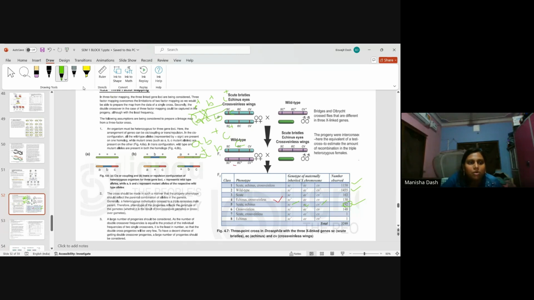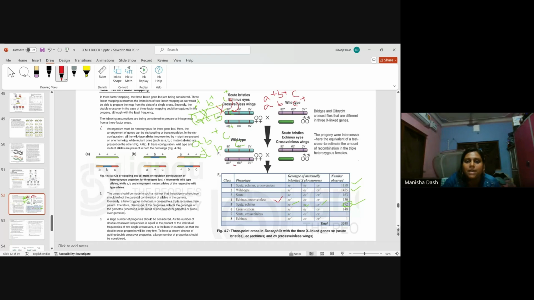Similarly, if a crossing over occurs between B and C, what genotype will you have? The genotype will be A plus, B plus and C. Then it will be A, B and C plus. Right? Everyone understood this part or not? So these are the single crossovers.